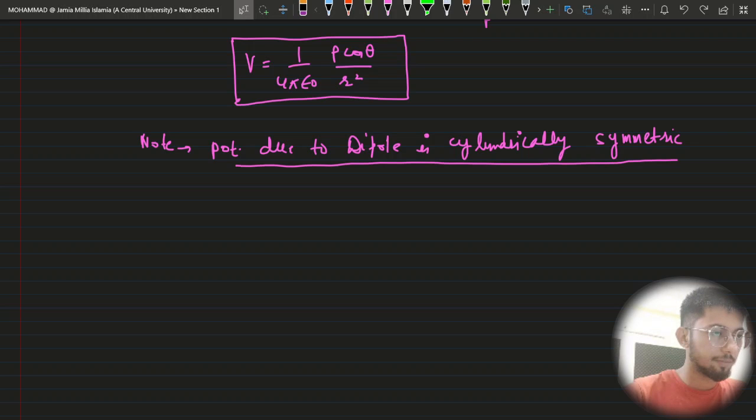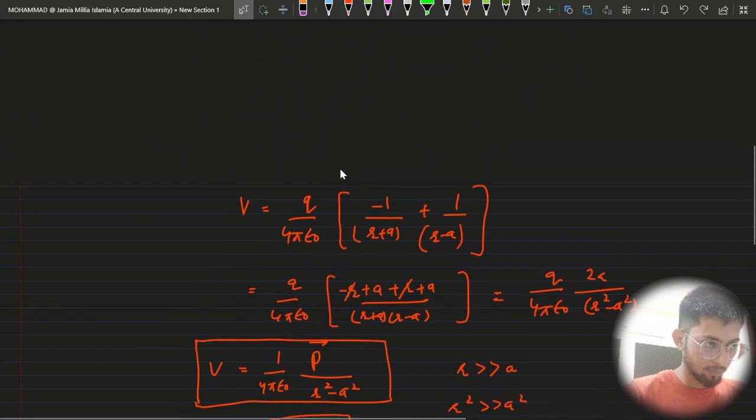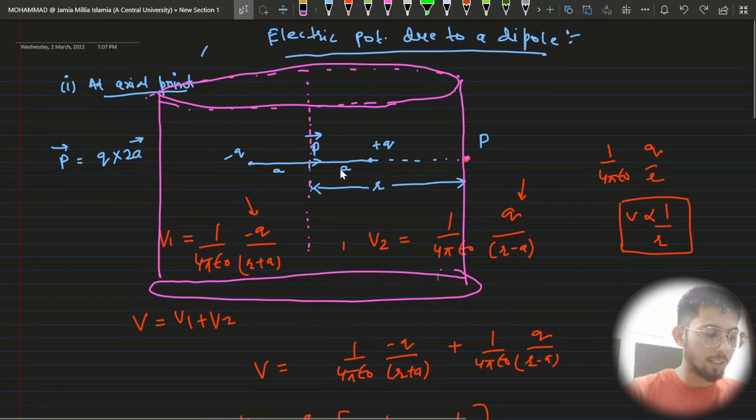So we need to rotate the point P about the dipole axis, but keeping r and theta fixed, because if we change the theta, that means the angle between the P vector and the r vector, that means if we take this point somewhere here, that won't hold true. The cylindrically symmetric thing won't hold true.